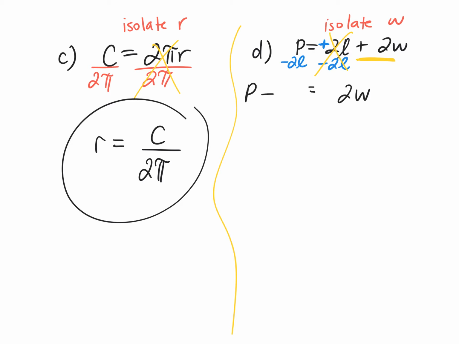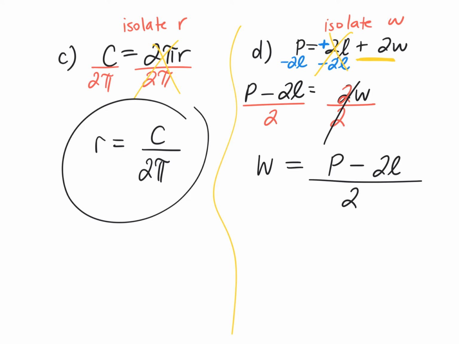So I have P minus the 2L. Does everyone understand that? Now we have 2 times W. What's the opposite of multiplication? Divide by, what do I divide by? 2. So I divide all of this by 2. That cancels out. We're left with W equals P minus 2L over 2.